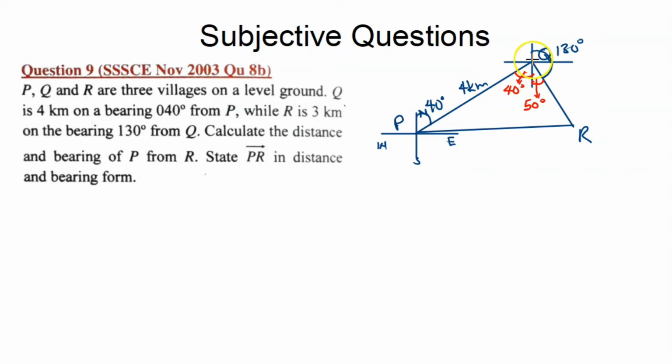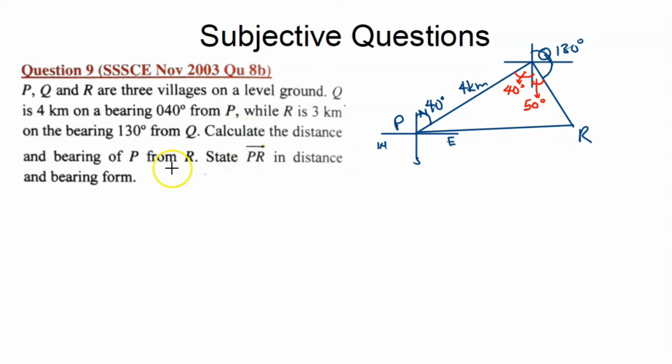So the total angle at Q with respect to P and R is 90 degrees. Our structure gives us a total angle of 90 degrees here at Q, and the shape looks like a right angle triangle.